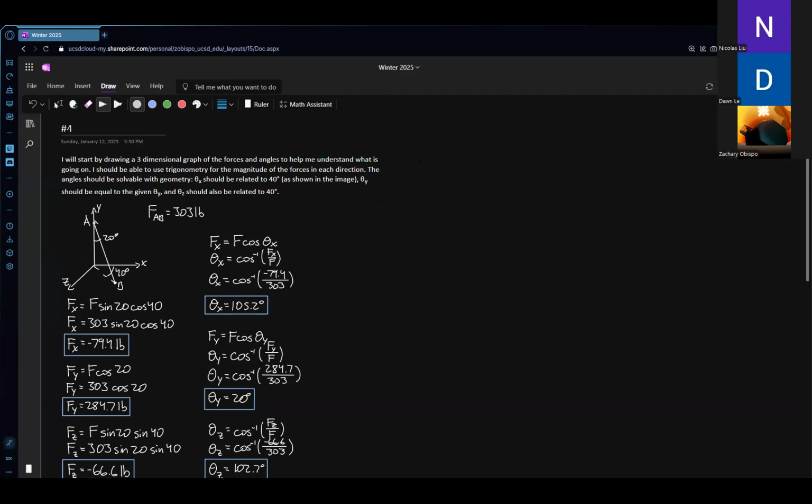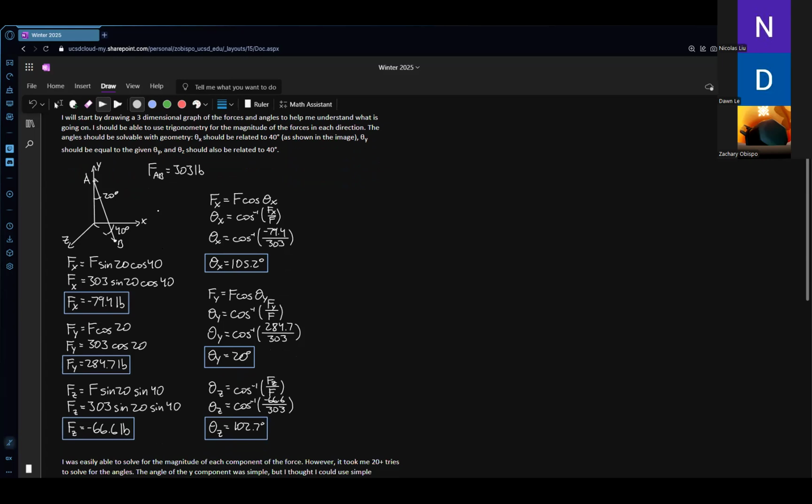We have the original force being 303 pounds force in this direction. The main equation we're going to use throughout this whole problem is F of whichever direction equals the magnitude of the force times cosine of the angle in the direction you're focused on. So first we need to find the force.